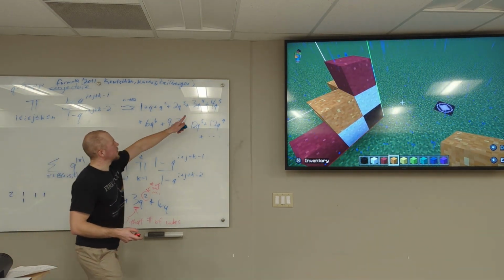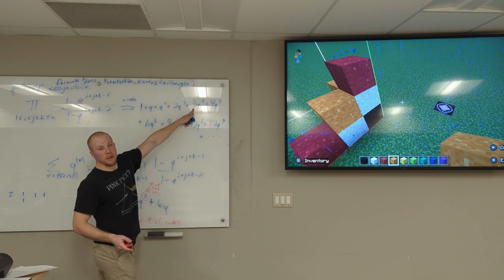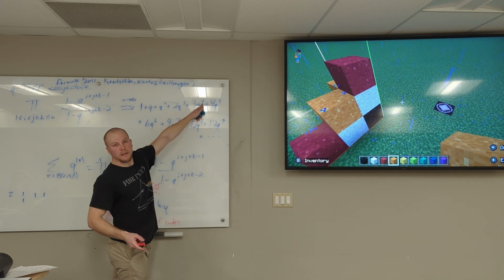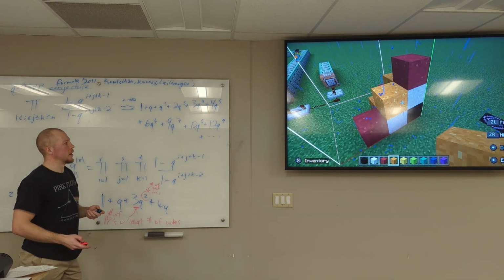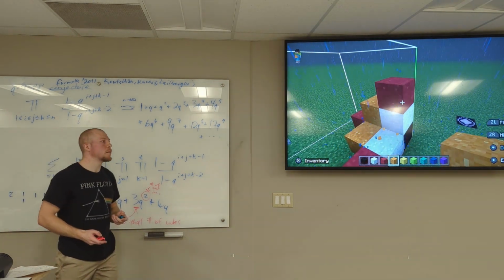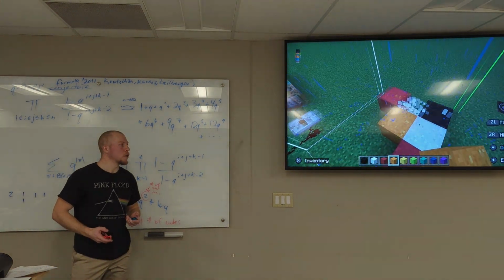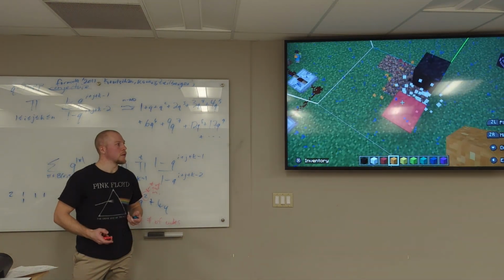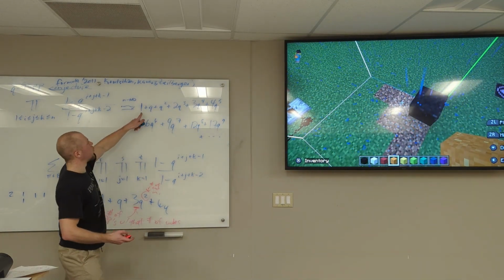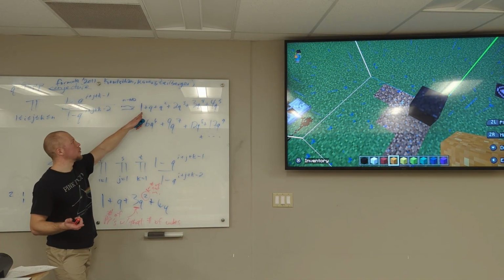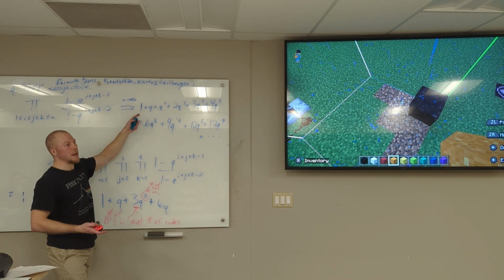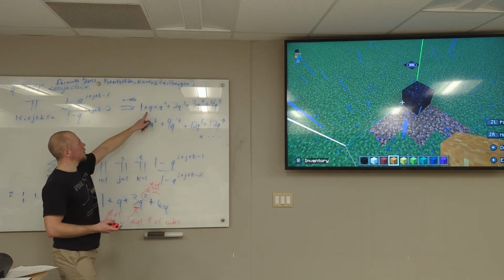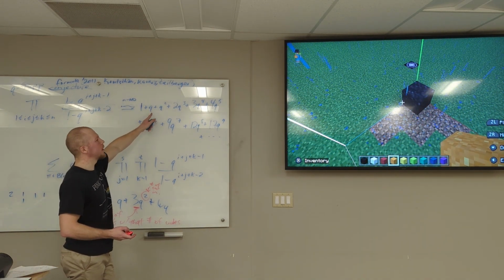That means this is one of the 3 totally symmetric plane partitions with 4 orbits. If we back up a little bit, we have 1 empty plane partition, q to the 0, 0 orbits. Then I have this 1 plane partition with 1 orbit.